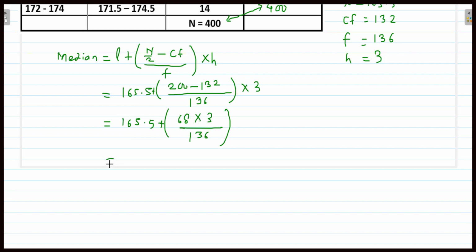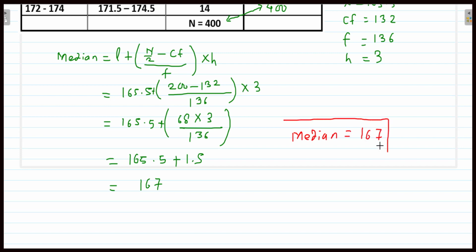After solving this to the decimal form we get it as 1.5. So 165.5 plus 1.5, and so which is equal to 167, and therefore the required median is equal to 167.